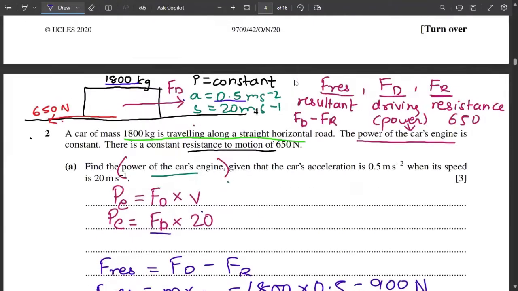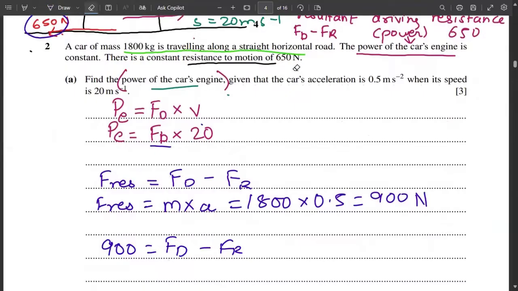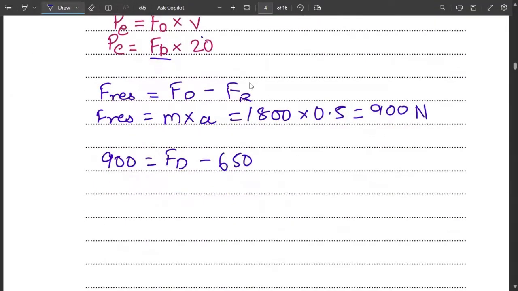Now we know the resistance force, of course. That resistance force is 650 Newton. So instead of FR, I can write 650 Newton. And hence I can find the driving force easily now. The driving force will be 900 plus 650, which is 1550 Newton. So the driving force is 1550 Newton.